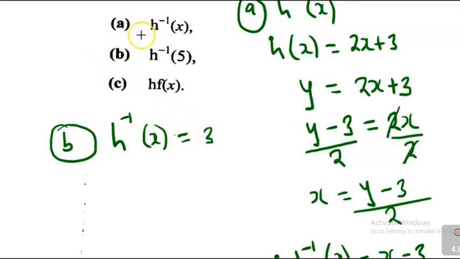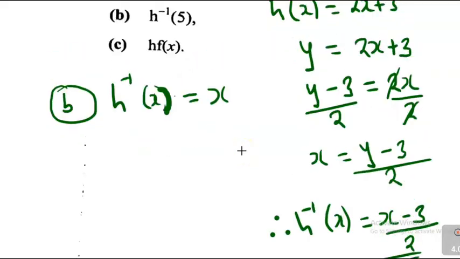Oh sorry, it's supposed to be x. So this is the h inverse of x: x minus 3 over 2.